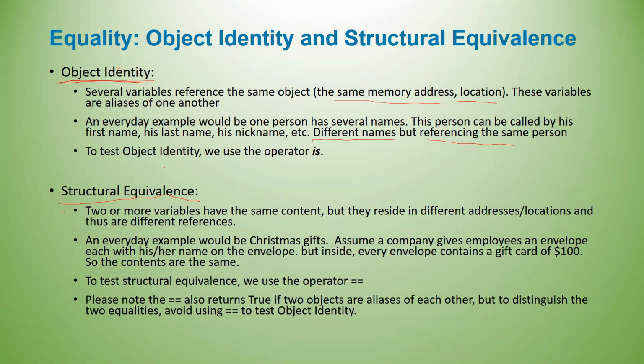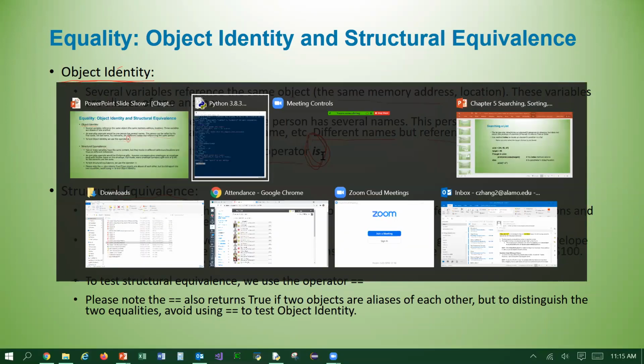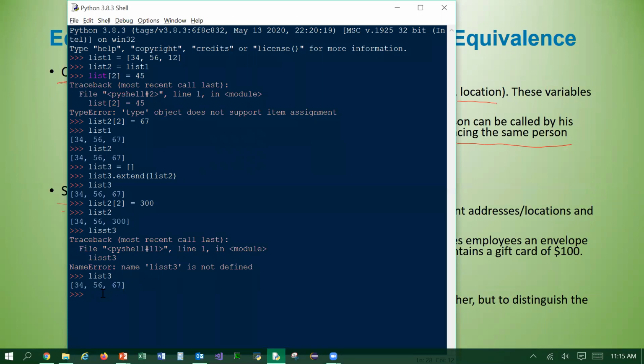To test object identity, we use the operator is. We use that to test if the two objects are the same, are aliases. So here, if I say list 3 is list 1, what would return, everybody? False, because they are not aliases of each other, right?